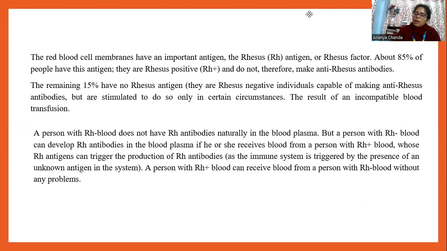But whenever an Rh negative person receives Rh positive blood, that person can develop Rh antibodies against the Rh positive blood, whose Rh antigens can trigger the production of Rh antibodies. And this can create a problem and cause a blood transfusion reaction.